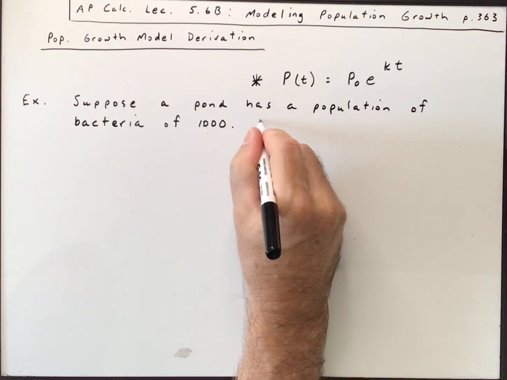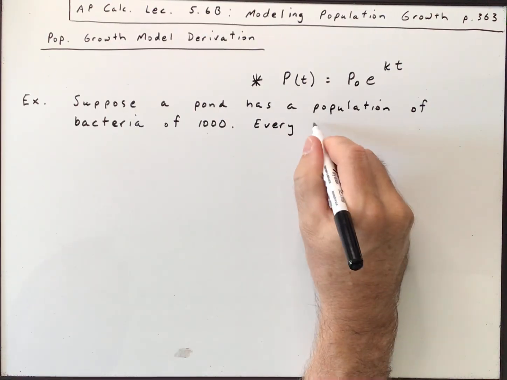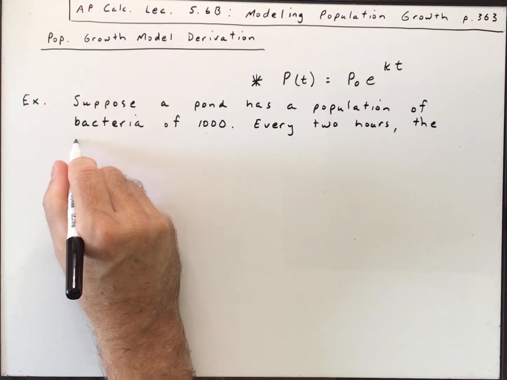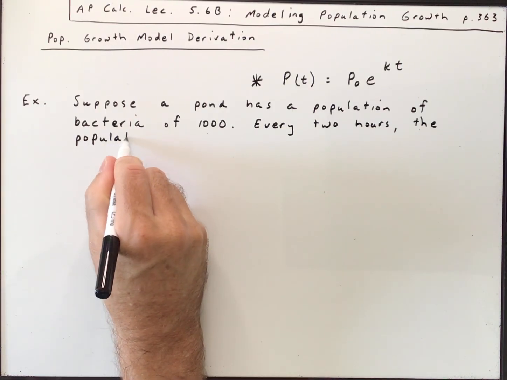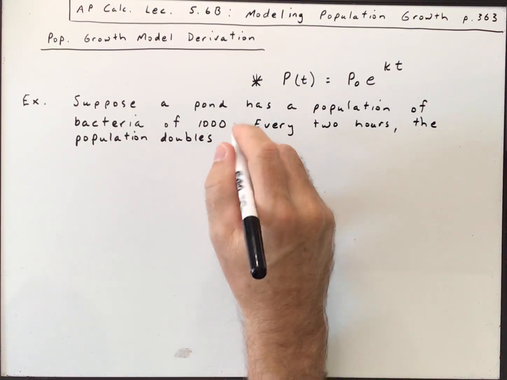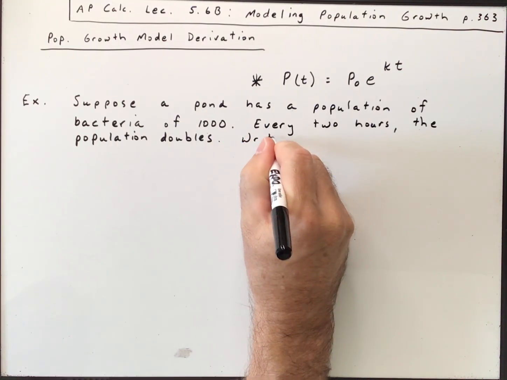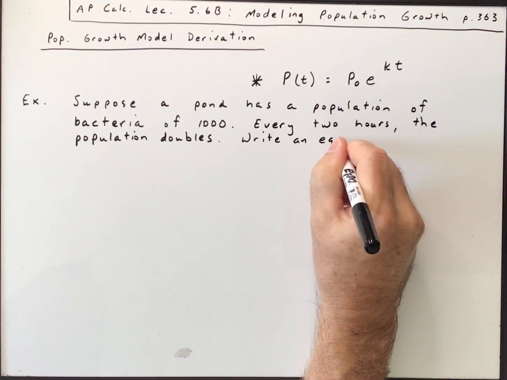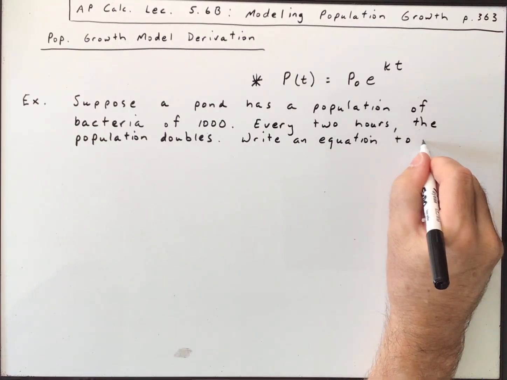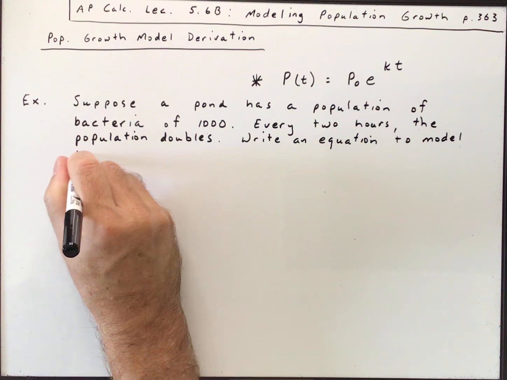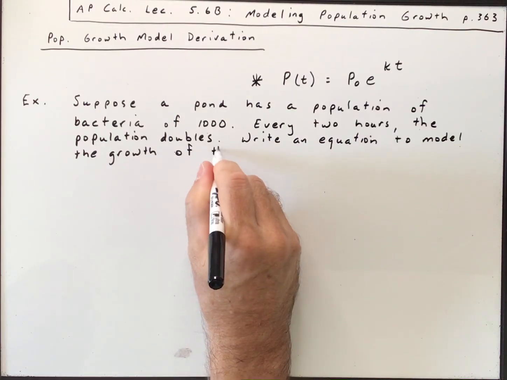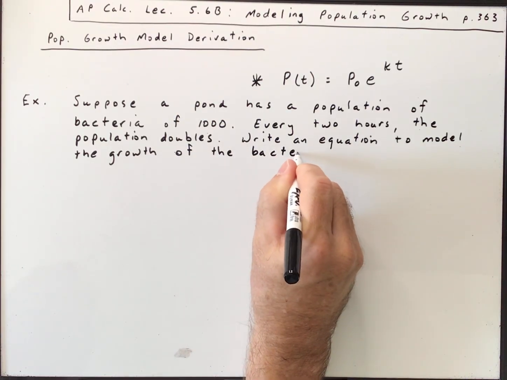Every 2 hours, the population doubles. Write an equation to model the growth of the bacteria population.